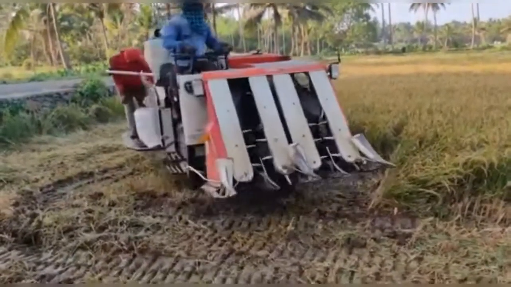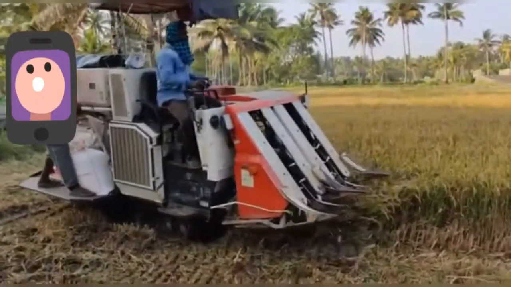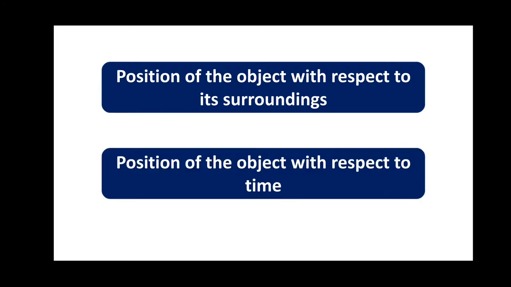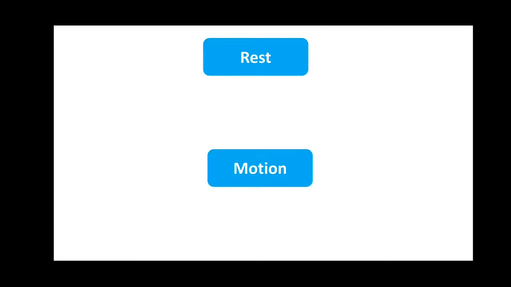What are those parameters? Yes, the one is the position of the object with respect to its surroundings, and the second one is the position of the object with respect to time. Based on these parameters, we can define rest and motion.